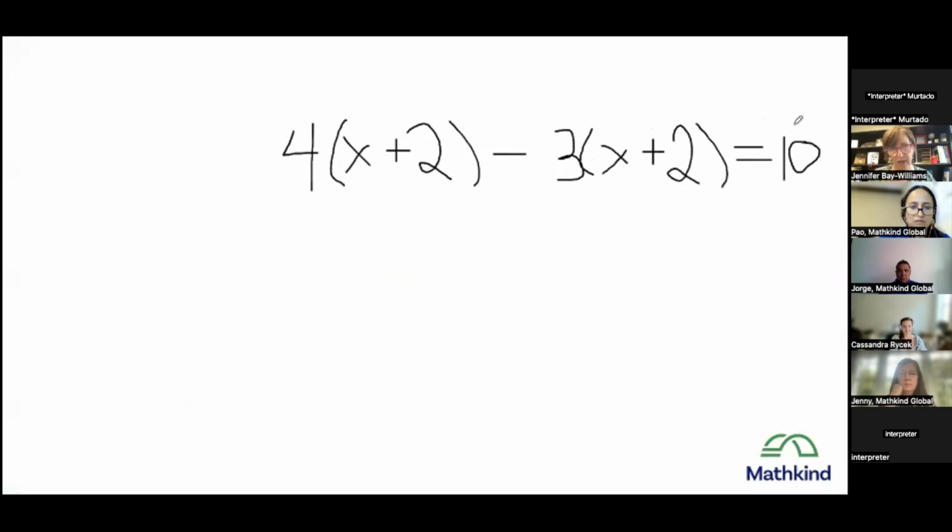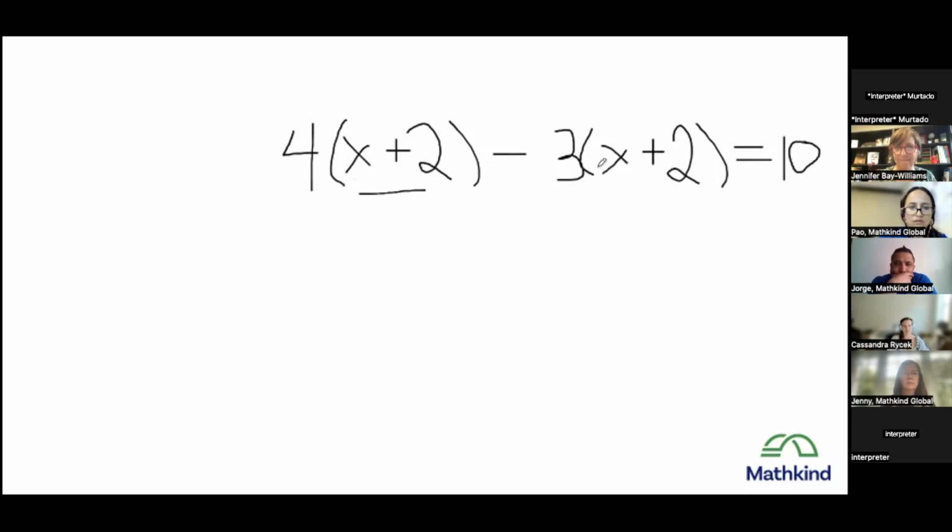When we teach algebra, we oftentimes say the first thing to do is to eliminate parentheses. So again, we want students to be strong at being able to apply the distributive property. We do. We want them to be strong at that, but we also want them to make good choices. So if we look at this problem right here, eliminating the parentheses, applying the distributive property is one choice, but there's another choice.